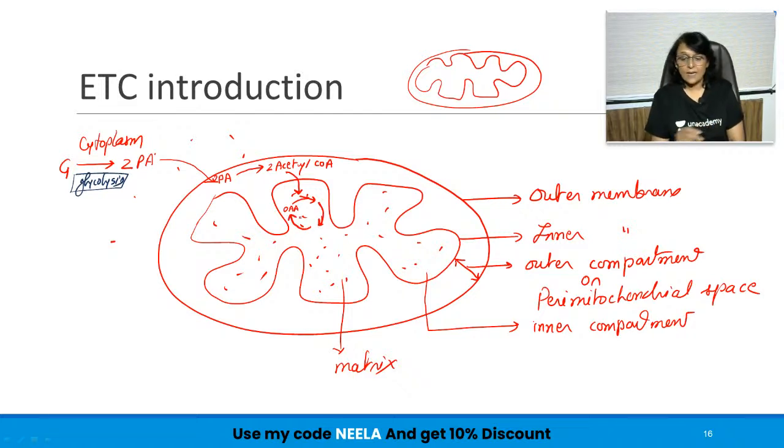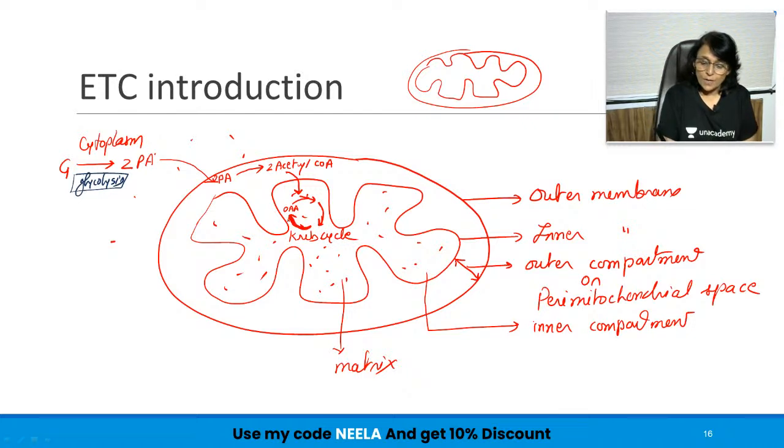And what is this cycle called? It is called Krebs cycle. So Krebs cycle is taking place in the mitochondria. So now we know where these reactions or steps take place.